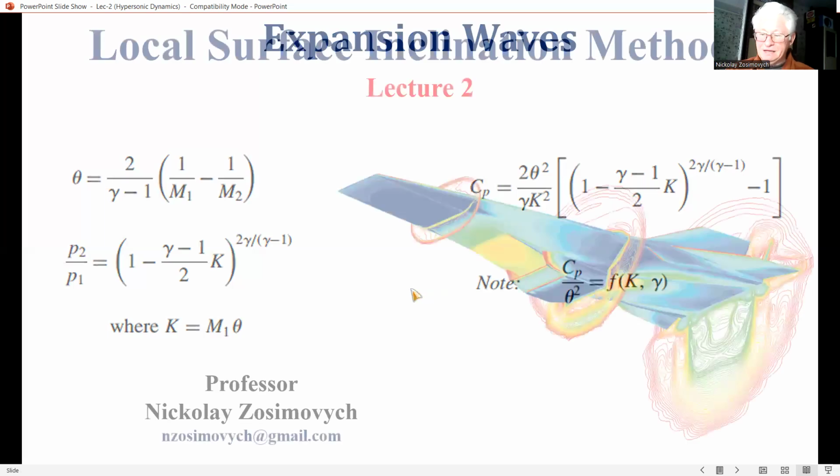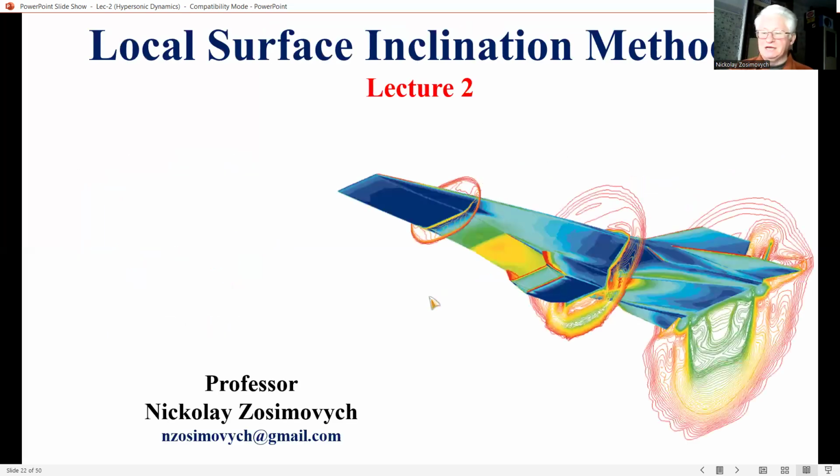Okay? Now, let's come to the next part of our lecture, local surface inclination. A striking difference between linear and non-linear waves concerns the phenomenon of interaction. The principle of superposition holds for linear waves, but not for non-linear waves. As a consequence, for example, excess pressures of interfering sound waves are merely additive.